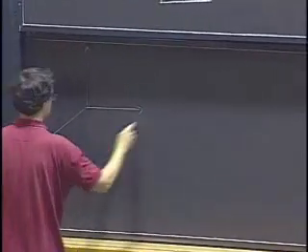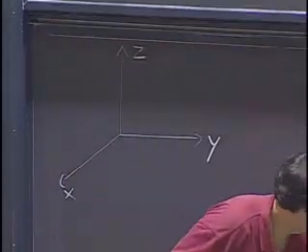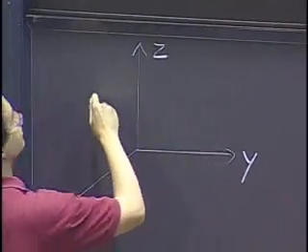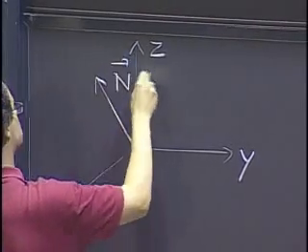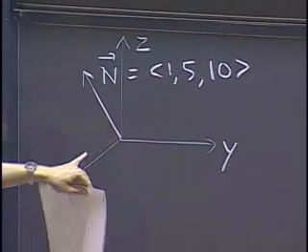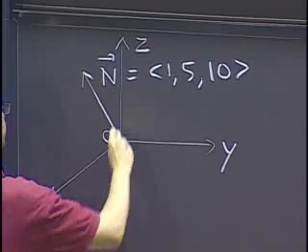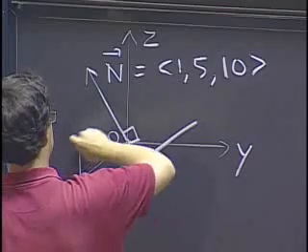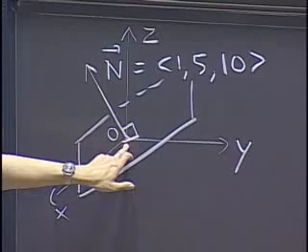Well, we have the x, y, z axes, and we have this vector n, 1, 5, 10. And it's supposed to be perpendicular to our plane. And our plane passes through the origin here. So we want to think of a plane that's perpendicular to this vector.